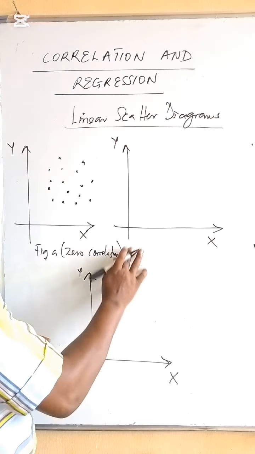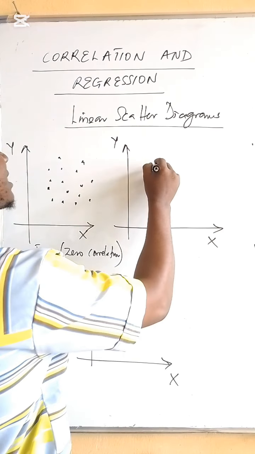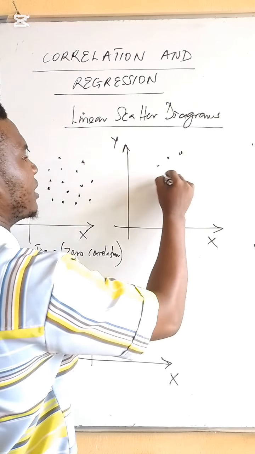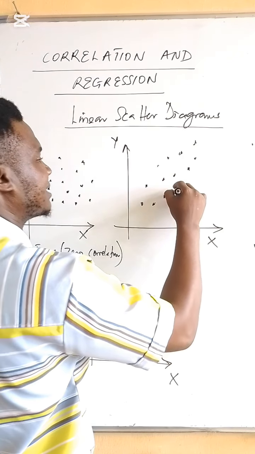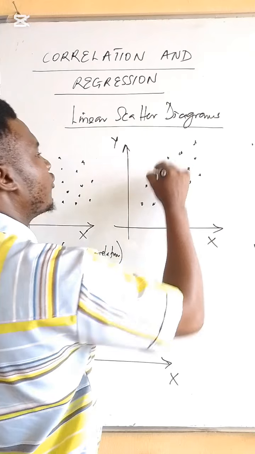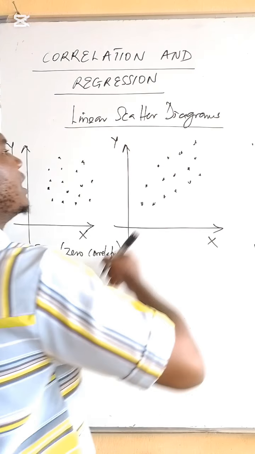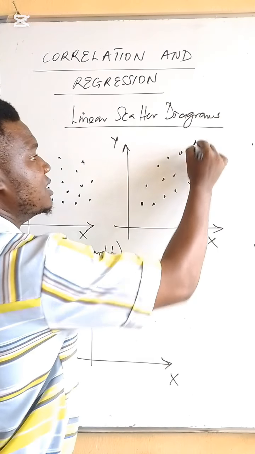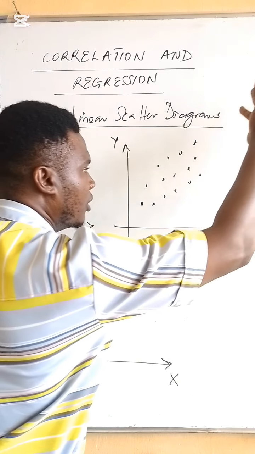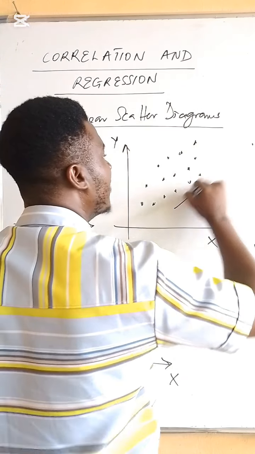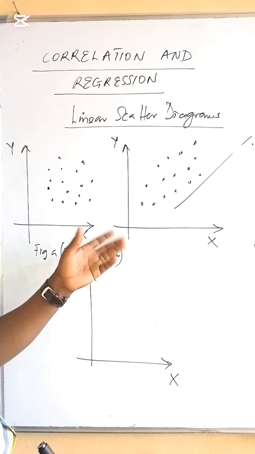Now, let's move over to the next case. In the next case, if it so happens that the plotted points move in a direction such as this, such that if you want to put a line across a set of points from amongst these, it will show you that the direction is upward. Okay? The direction of movement is upward for all the points.